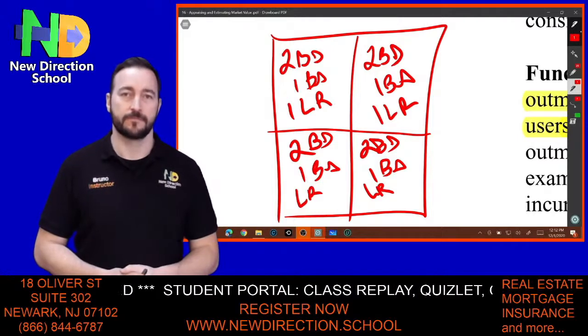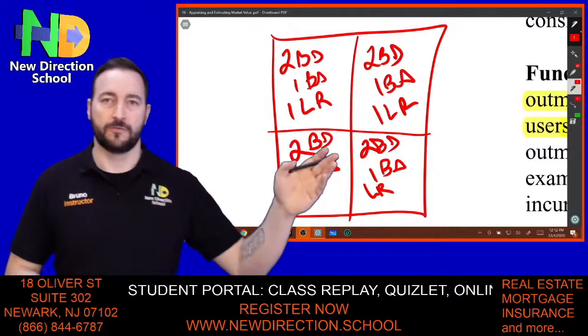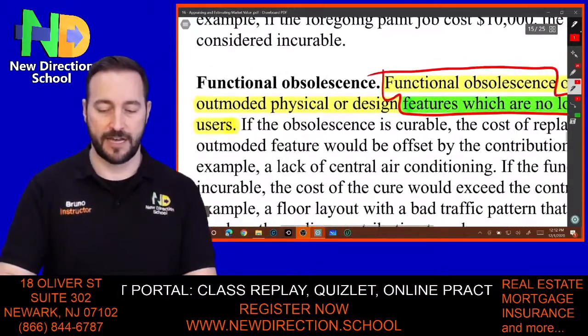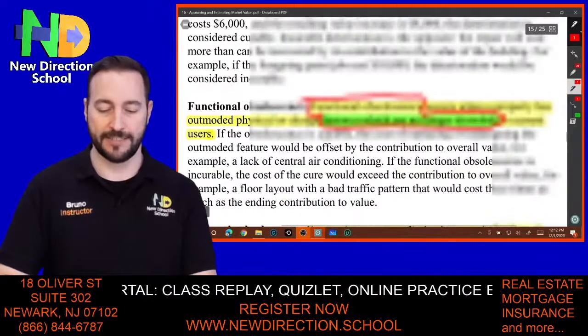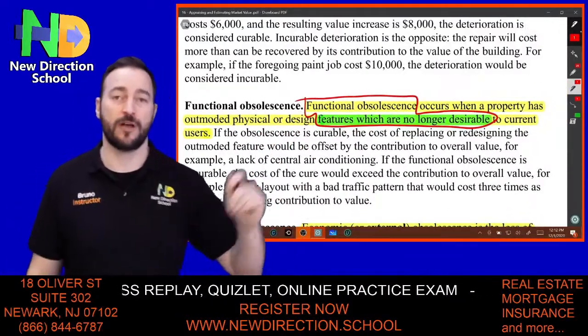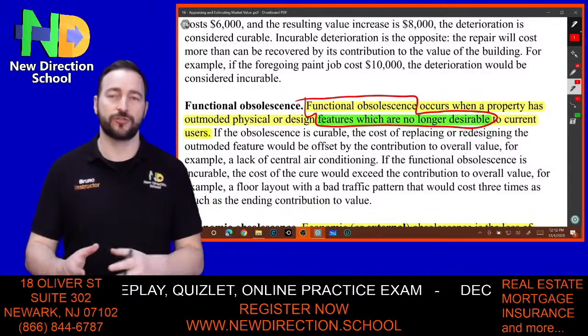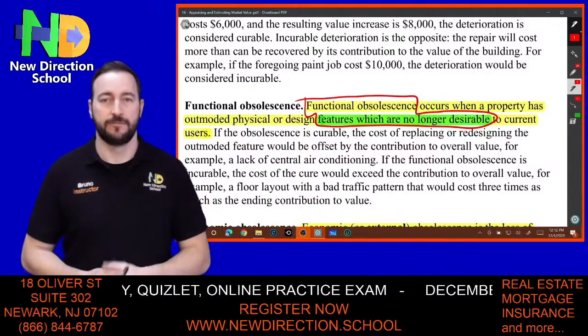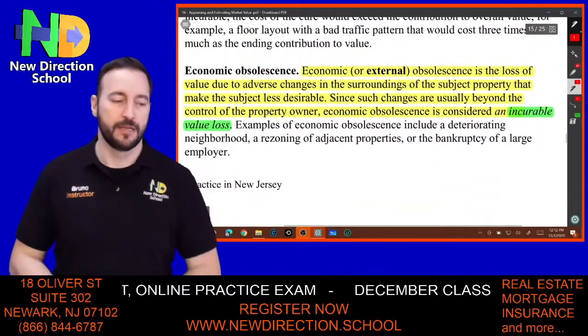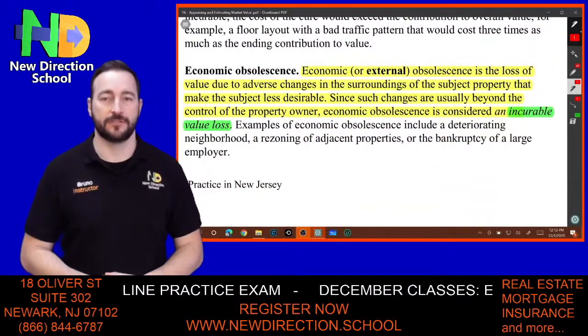Repurposing something because it's no longer desired, it's no longer functional as is. So every time you look at functional obsolescence, look at features that could be changed about the property. And the next one is economic obsolescence.